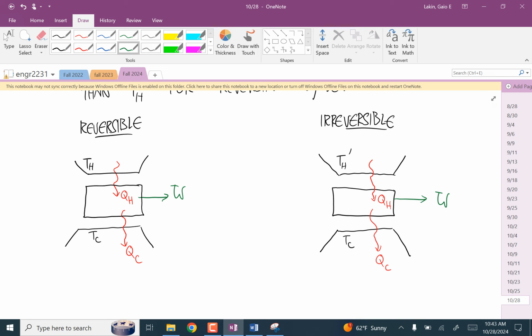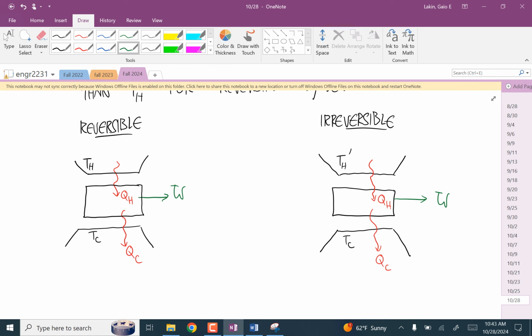So if you have an irreversible case and you want to produce the same amount of work with a fixed cold reservoir, it makes sense that it's less efficient. You need a hotter boiler to make this work. It's going to cost you more energy the less efficient your system is.